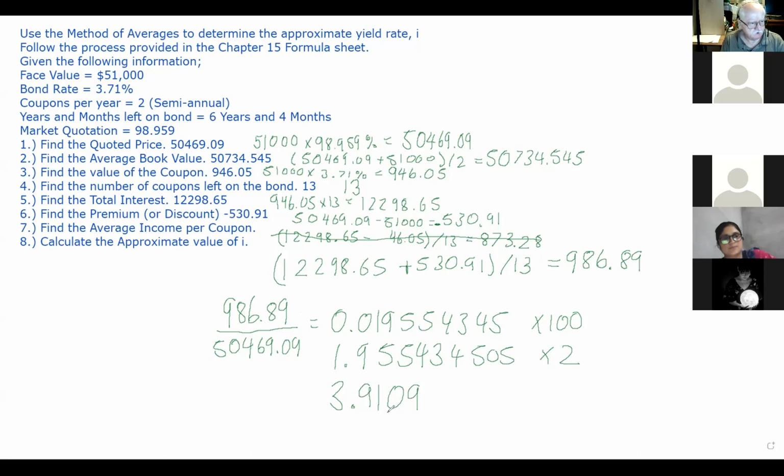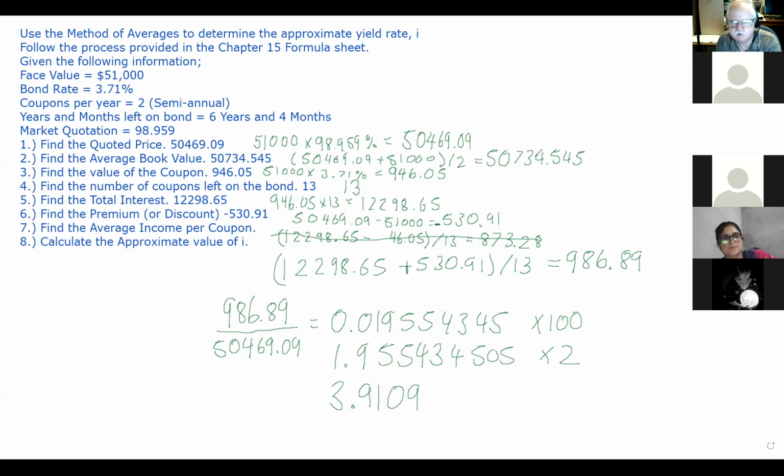And they wanted 98904. Wonder why we're not getting the answer that Moodle wants there. Let's see, Sir, what we have to take: the average income per coupon and the average book value.